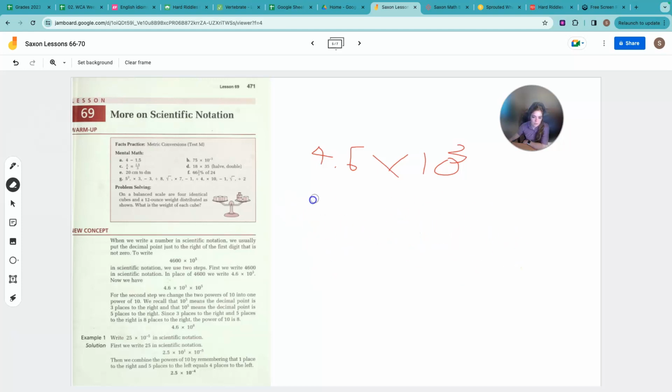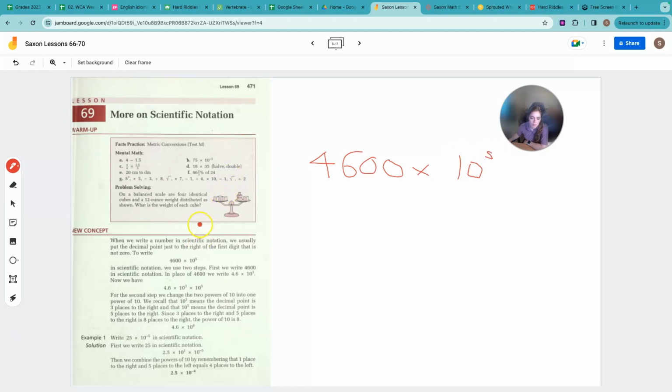Okay, so how do we decide where we put the decimal point in scientific notation? Jack, this will answer your question that you asked a couple weeks ago about that. So in scientific notation, let's say you have something like this: 4,600 times 10 to the 5th.